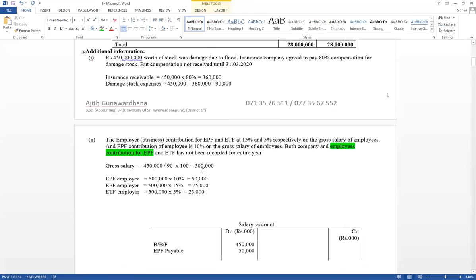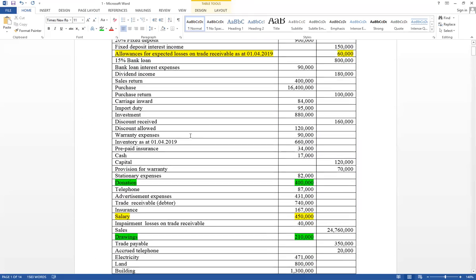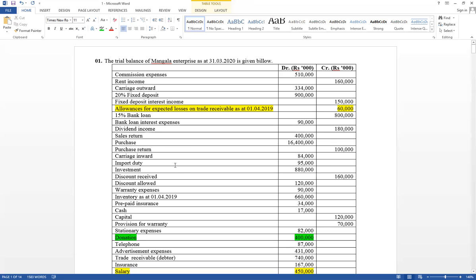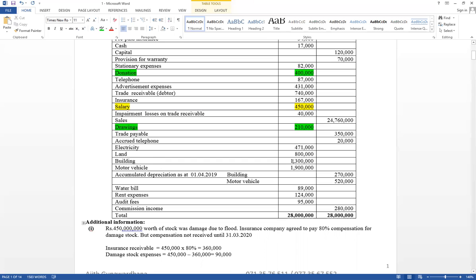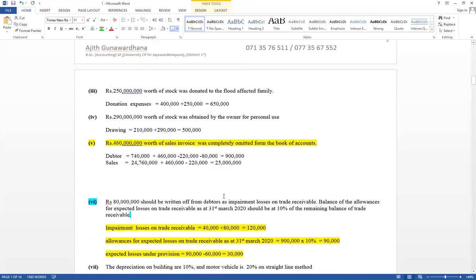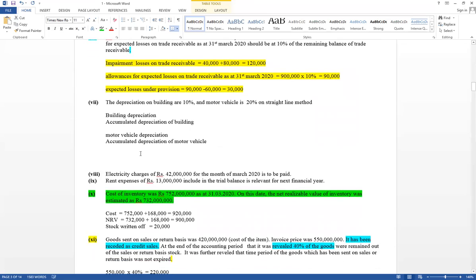Then think about the trial balance. Based on cost value, it has given building 1,300,000 and motor vehicle 1,900,000. And the accumulated depreciation opening balances are given, 270 as well as 520. First, building depreciation should be calculated, as well as motor vehicle depreciation.